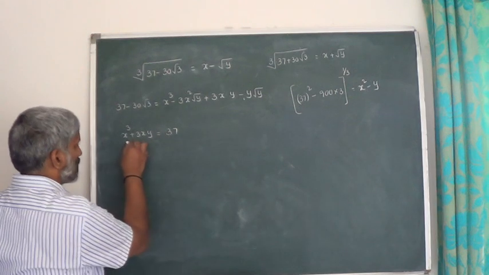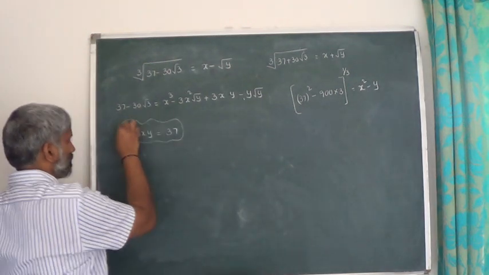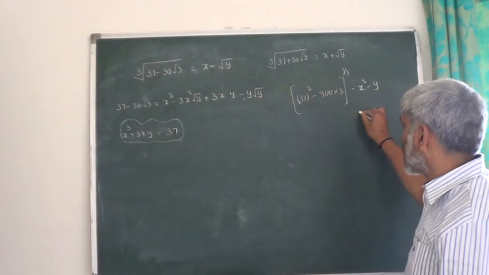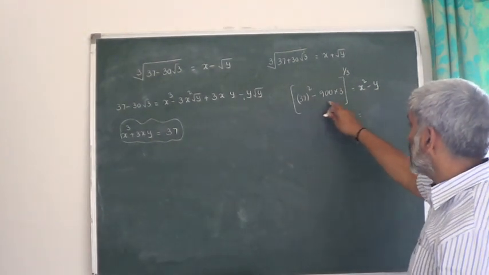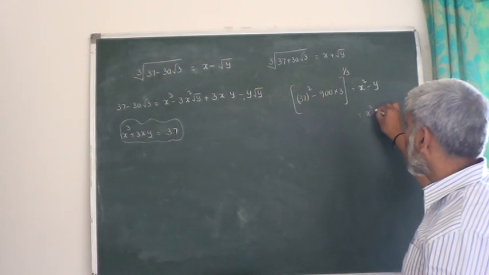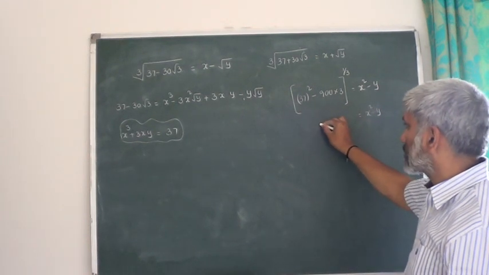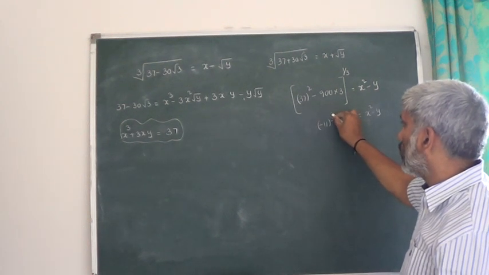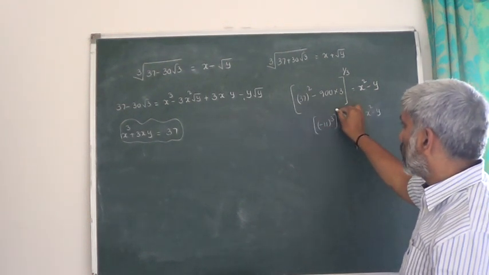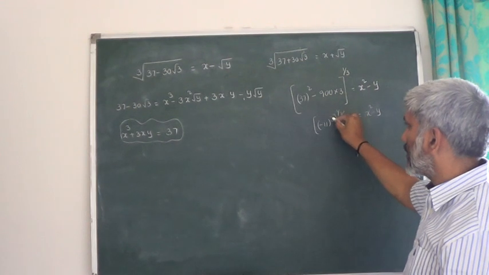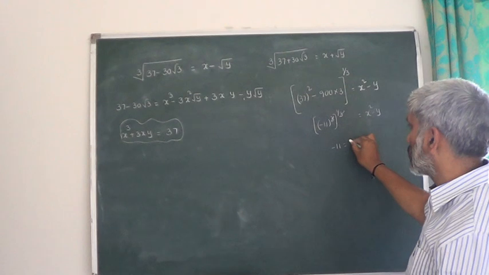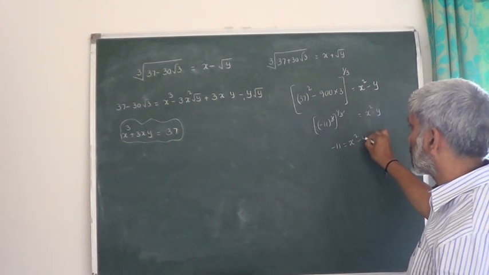This is one relation we got. And here we are going to get another relation, x square minus y. Simplify this one, and you will get minus 11 whole cube whole to the power of 1 by 3. So the 3 cancels. We are getting minus 11 equals x square minus y.